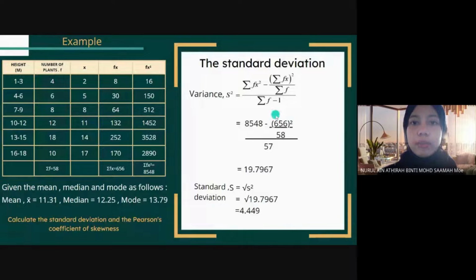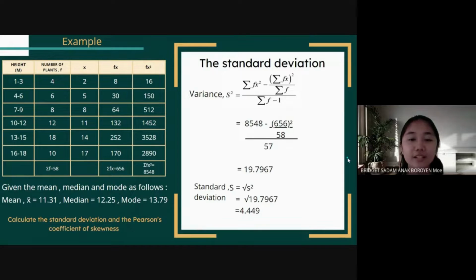So we put in the formula. So we get the variance is 19.7967. And then we can get the standard deviation, which is S, the square root of the variance. So we get 4.449 for standard deviation.